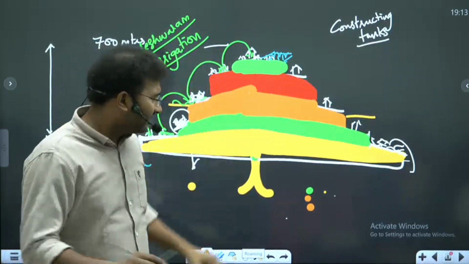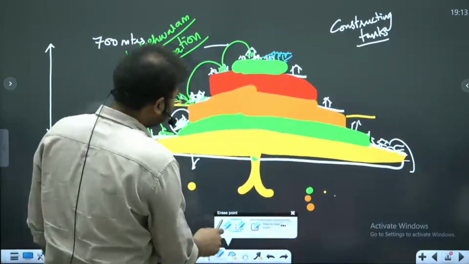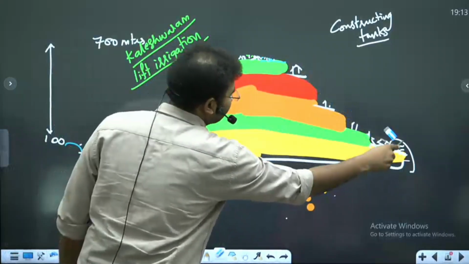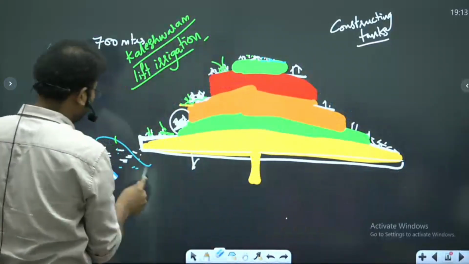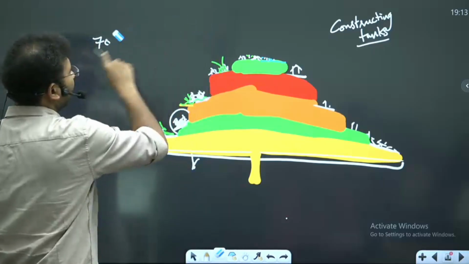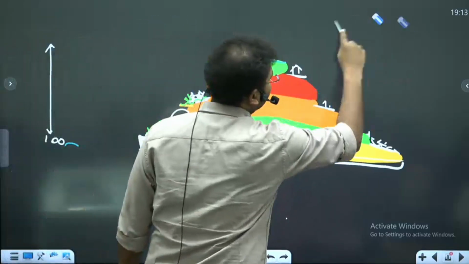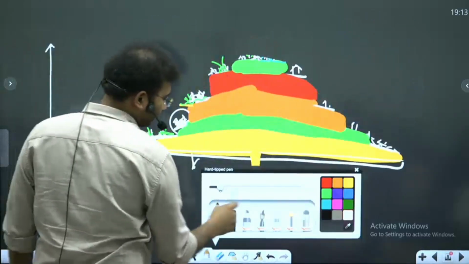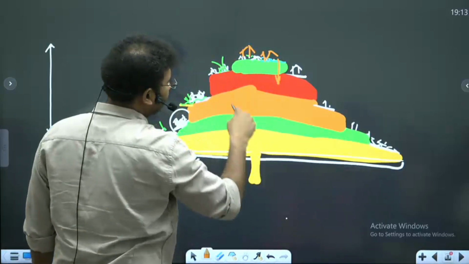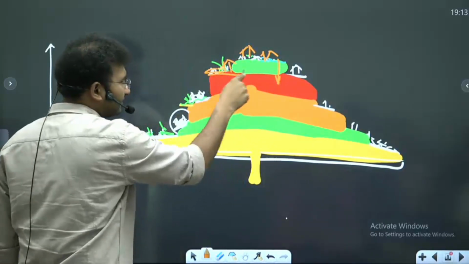Now, in this area, after that, small changes keep happening. Right? Humans, when they start to live, won't they change the topography? They'll definitely change the topography. Changing of the topography means, here you go and live. You dig bore wells. You do agriculture.